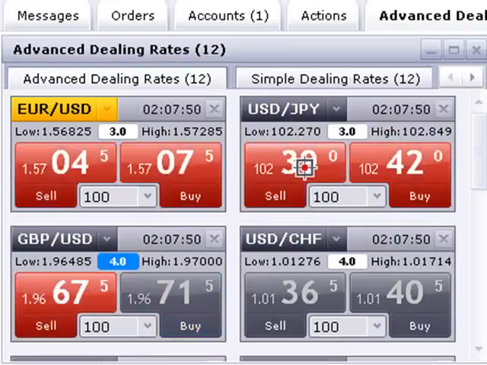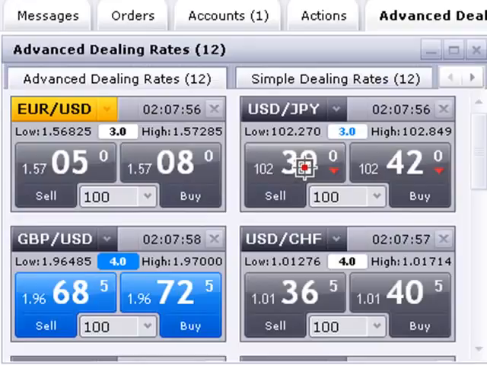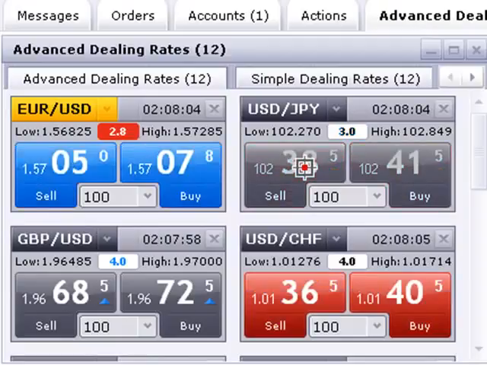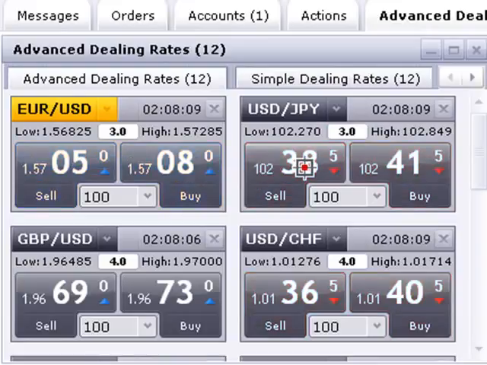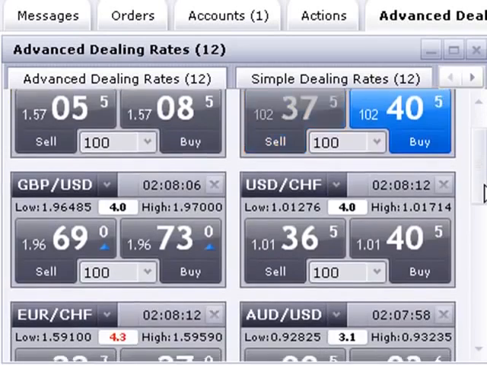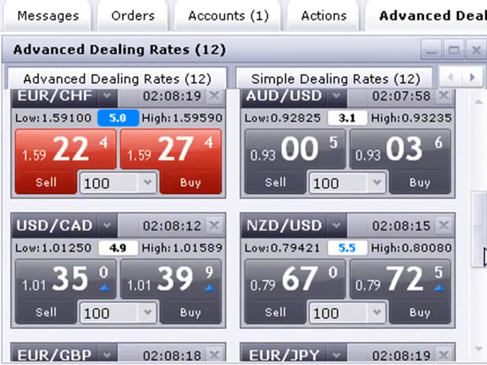As we discussed in our lesson on the main currencies of the world, the euro, yen, pound, Swiss franc, Australian dollar, New Zealand dollar, and Canadian dollar are the most actively traded currencies in the world against the U.S. dollar. As you can see here in the quotes window, we have all those currencies quoted against the U.S. dollar.